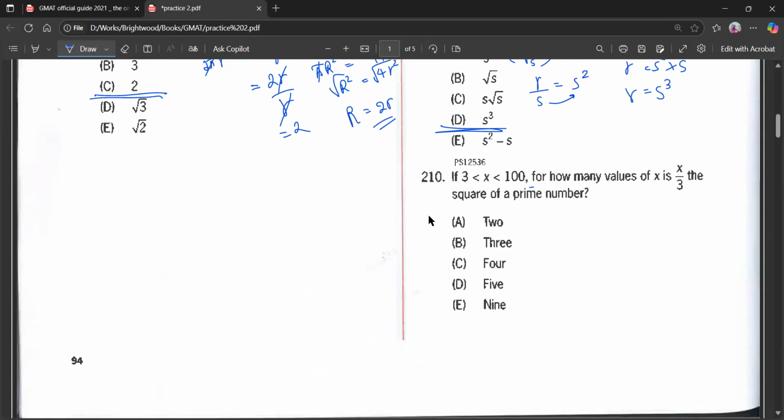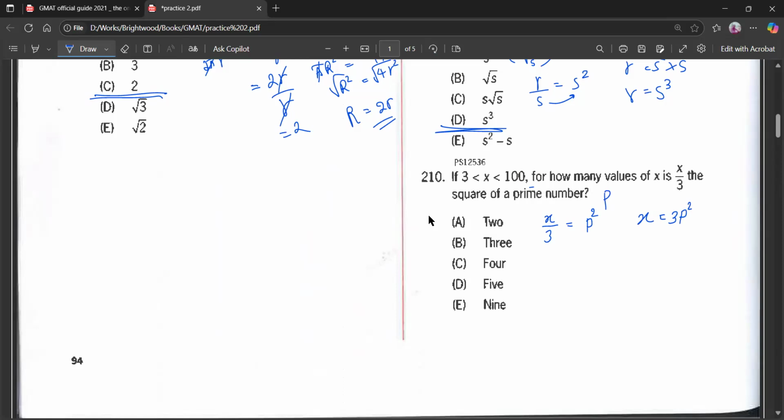If I consider a prime number, what is that? Think now. x over 3 equals what? The square of a prime number, p squared. So if I divide, 3 goes to the other side, x equals 3 p squared.